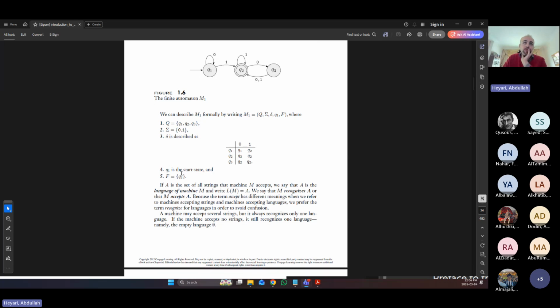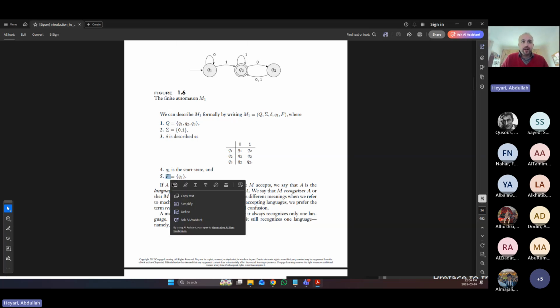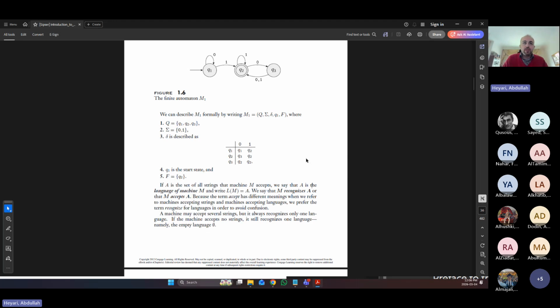You also need to specify the start state, so we can have a single unique start state, but we can have multiple accept states, which are denoted by the letter F. F stands for final states because they accept.